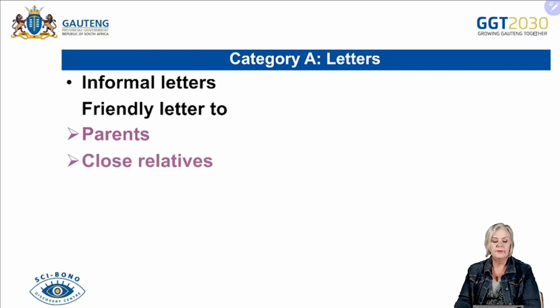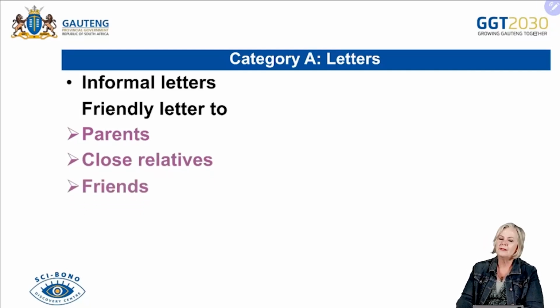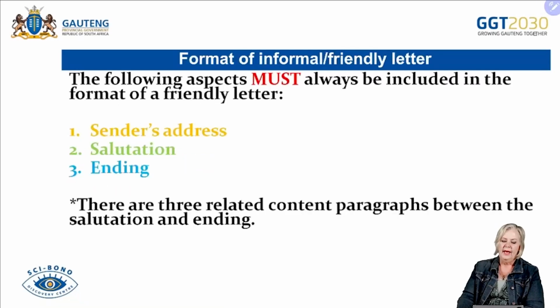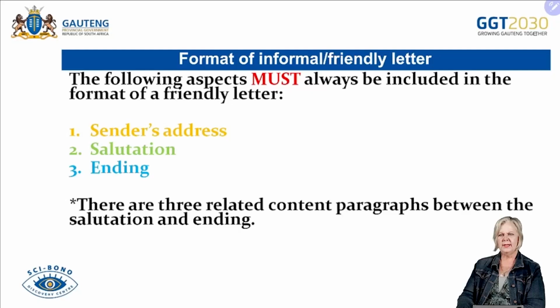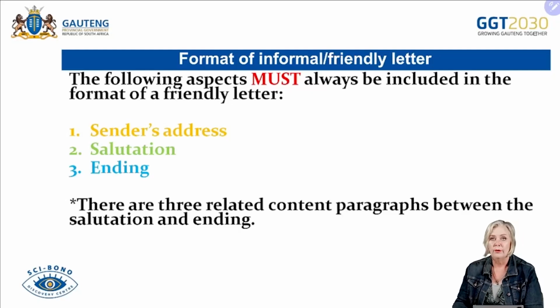And in this format, the following aspects must always be included. The sender's address. Who is the sender? That is you, the one writing the letter. A salutation, dear Jane, dear John, dear mom, dear dad, your salutation, and then an ending.